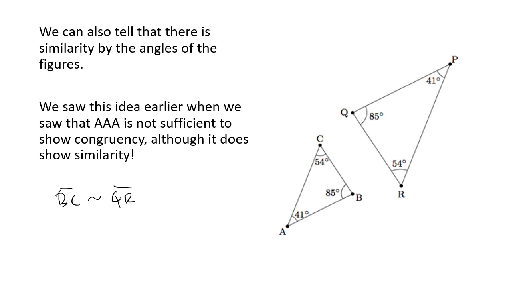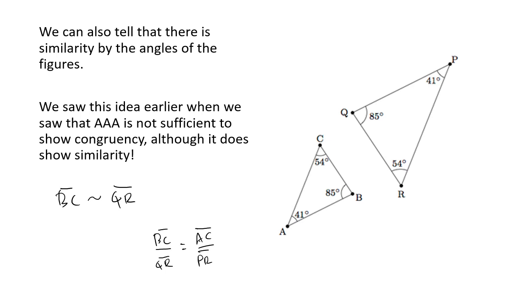So I don't know the length of QR. I don't know the length of BC, but I do know that they're going to be in the same ratio. So I could say the length of BC is to the length of QR as, now I could look at these longer sides here, the length of AC is to the length of PR.